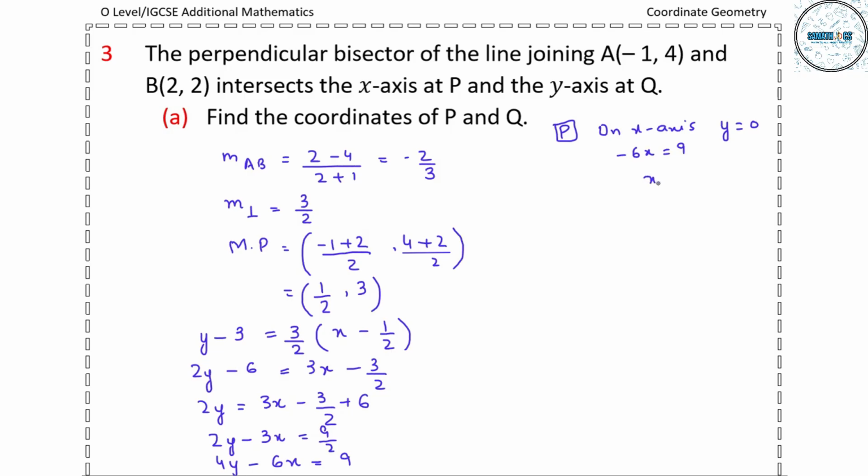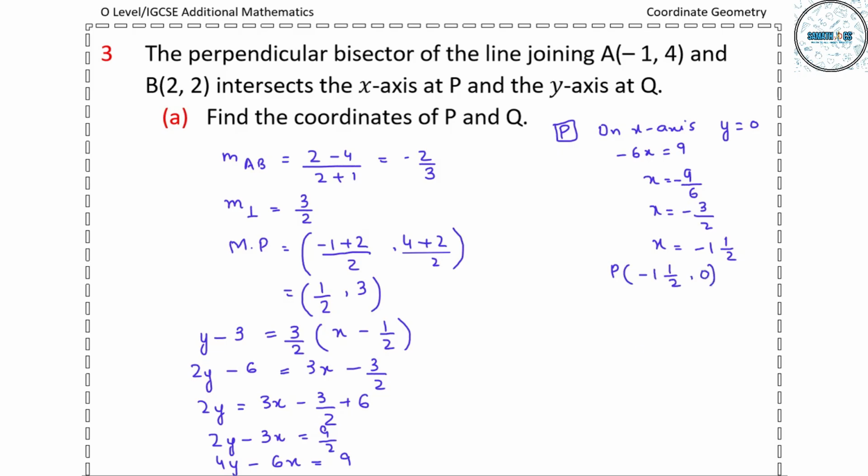So x is equal to 9 upon minus 6, which is minus 3 upon 2. So we have minus 1 whole 1 upon 2. So the coordinates of P are minus 1 whole 1 upon 2 comma 0.